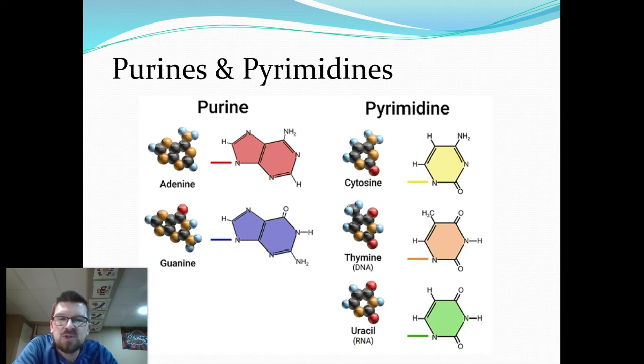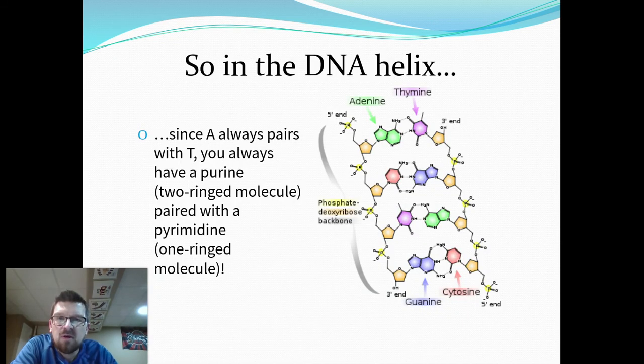And once you know a bit more about some of their relationships, you'll be able to tell just by knowing, for example, the percentage of the DNA molecule that is a guanine, what all the three other bases represent, because of this predictability, because of the complementary nature of their strands. All right. So, like I was just saying, since an A always pairs with a T, you always have a purine, which are those two-ringed molecules, paired with a pyrimidine, which is a one-ringed molecule.